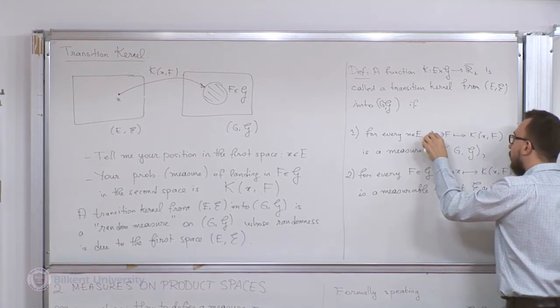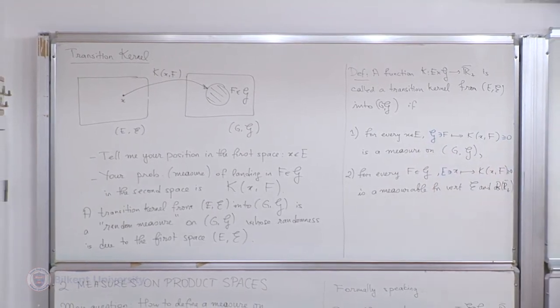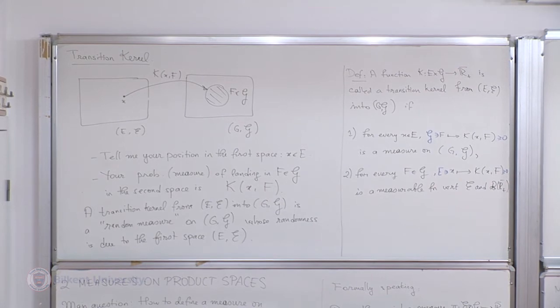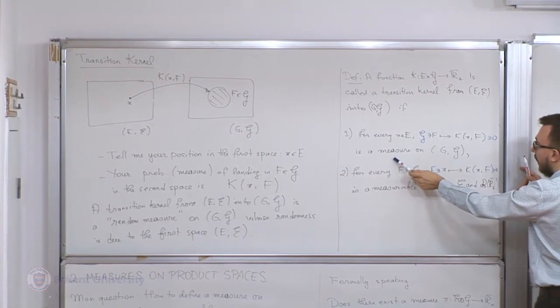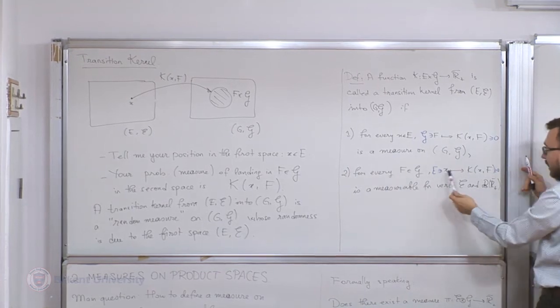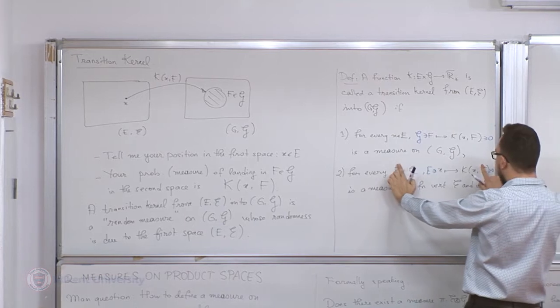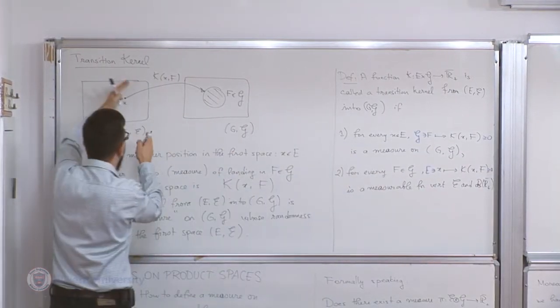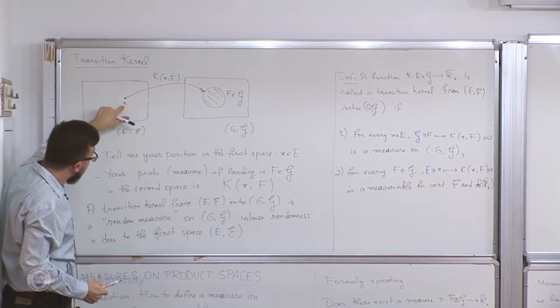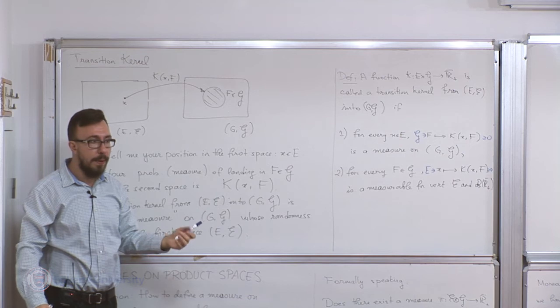And F is in script G, and this is just a positive number, including plus infinity. So this is a set function, and indeed it has to be a measure. And this, as a function of x for fixed F, freeze the second variable, is now a random variable on the space. The randomness is due to my position in the first space.